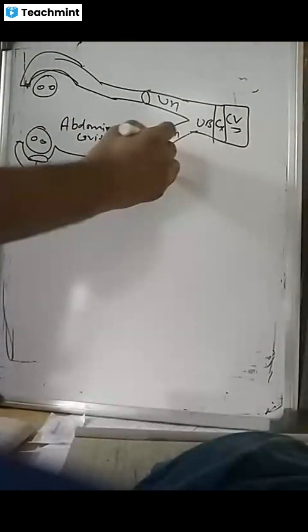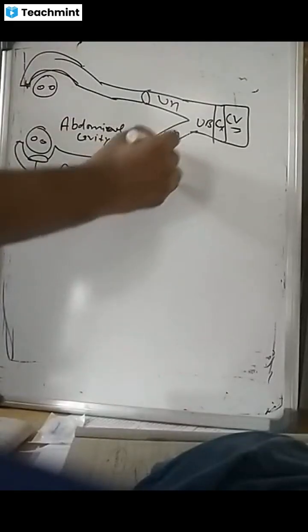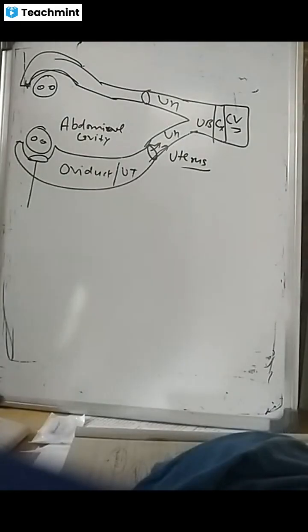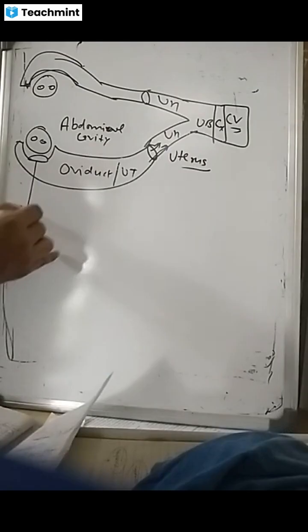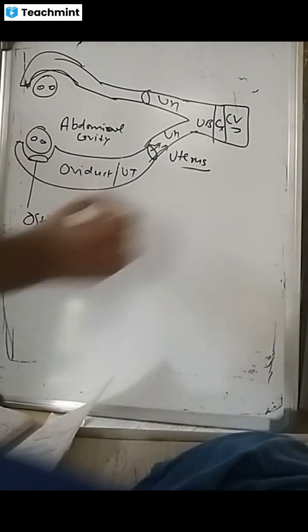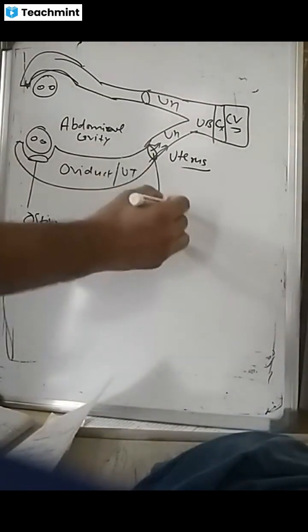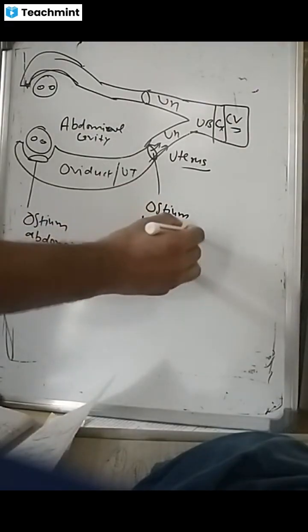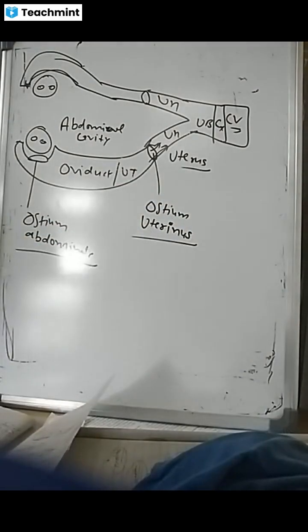The name for this opening is the abdominal ostium, and the other is the uterine ostium, because it opens into the uterus.